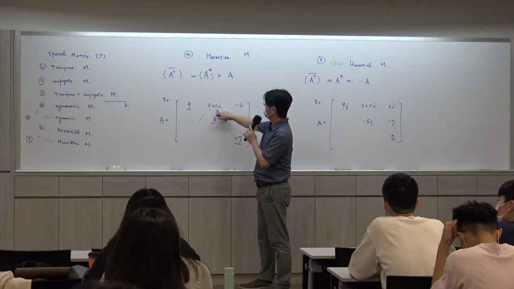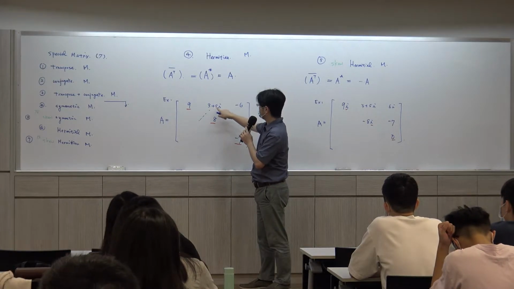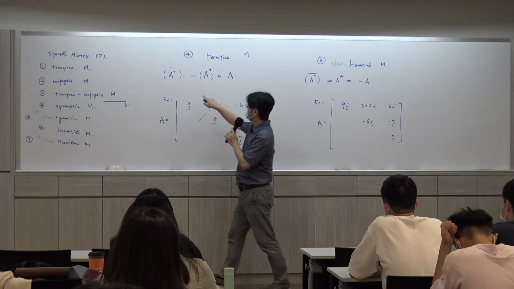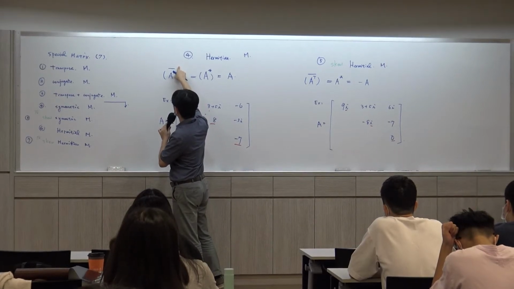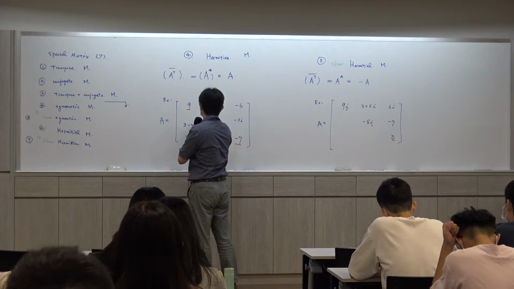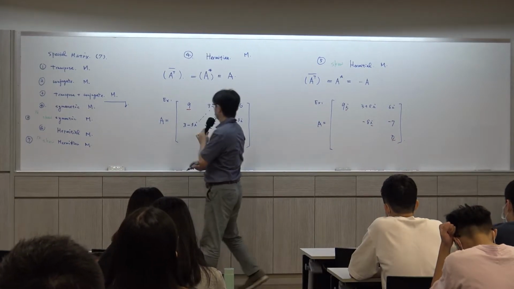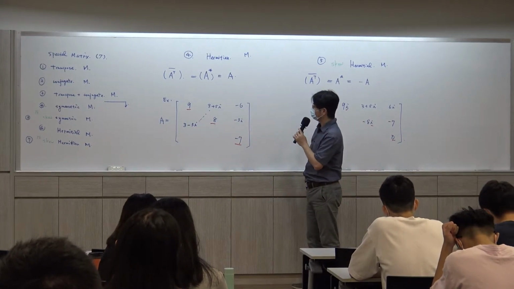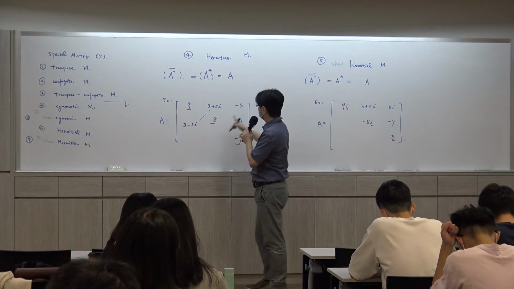So it should be 3 plus 5i, but we should take the complex conjugate. So it should be 3 minus 5i here, right?